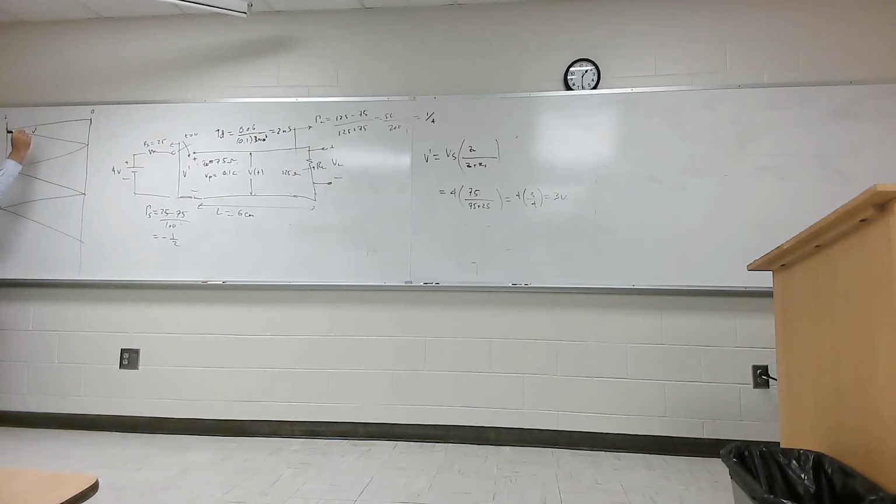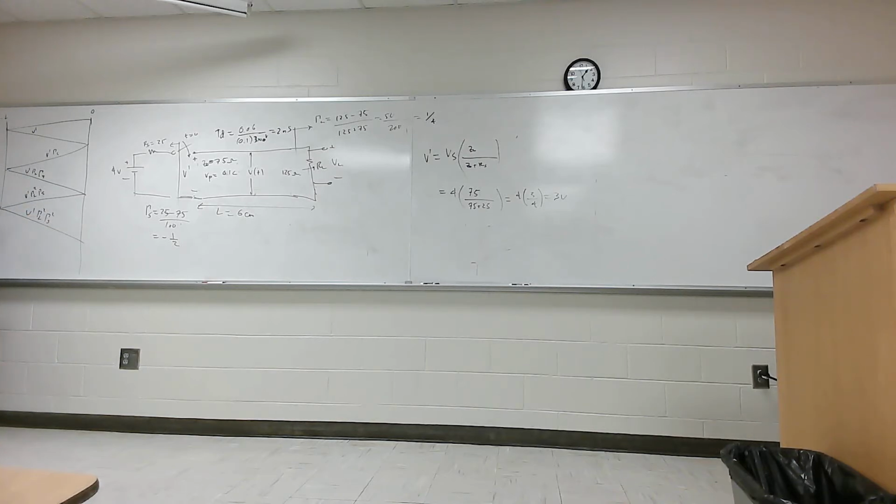This is V prime, this is V prime times the reflection coefficient of the load, V prime reflection coefficient of the load, reflection coefficient of the source, V prime reflection coefficient at the load squared, reflection coefficient of the source, finally, V prime reflection coefficient at the load squared, reflection coefficient of the source squared.